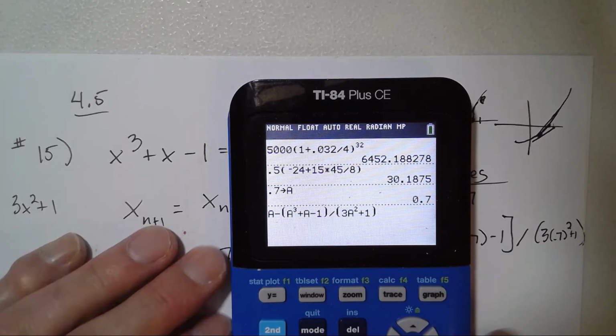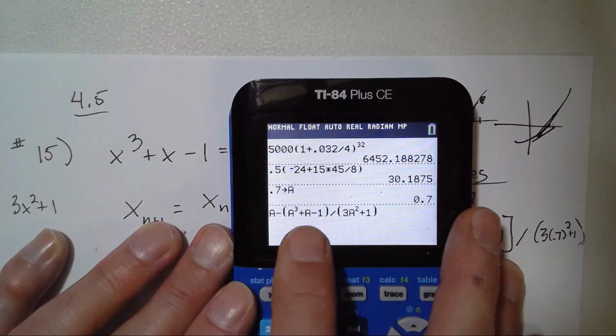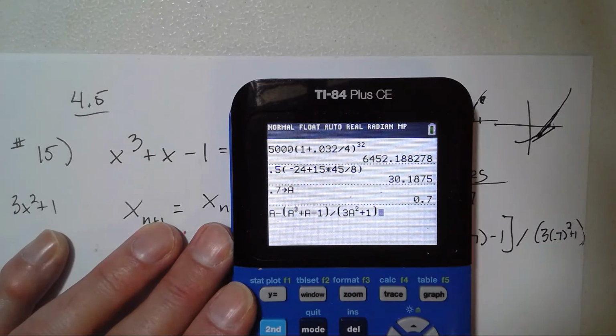Okay, so it's the current x value minus f of that value divided by the derivative of that value. And we know 0.7 is A, so this will give us our next one.